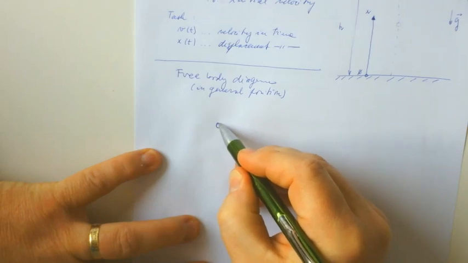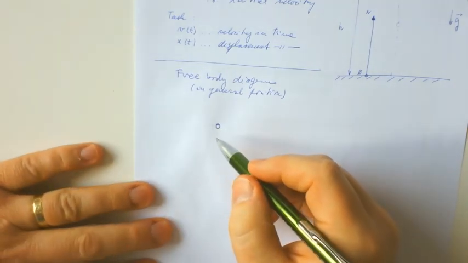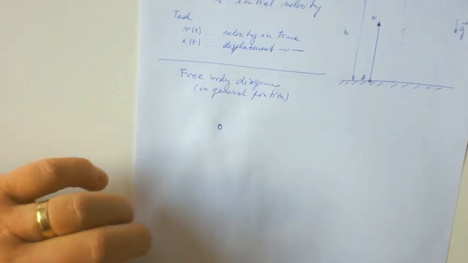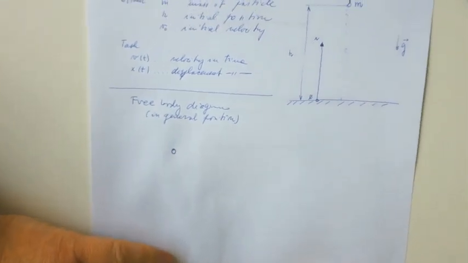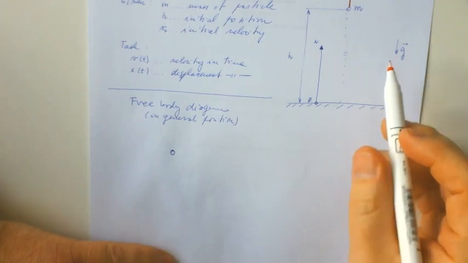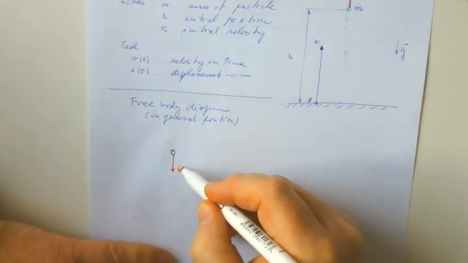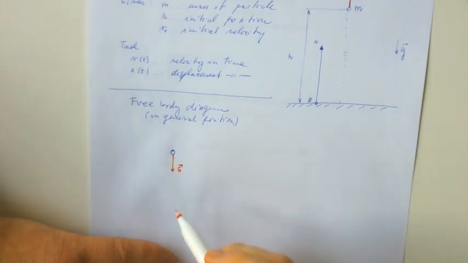And we would like to draw all forces acting on this particle. So naturally, because we are in a gravity field, this is the gravity force heading downwards.